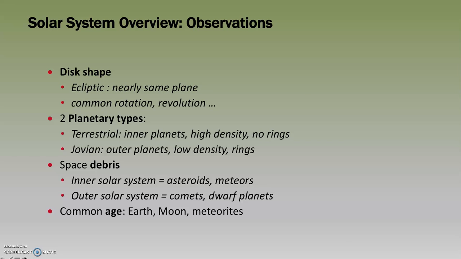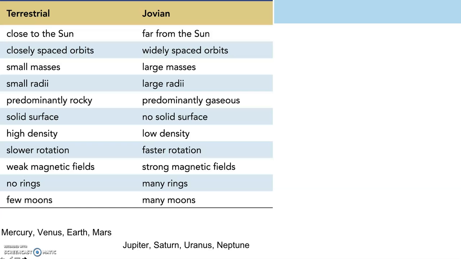To go over briefly the planetary types, we've gone over this before. We have the smaller, rockier planets with a few moons, and we have the larger gaseous planets with many rings and many moons. So we have these two sets of very different planet groups in our solar system.